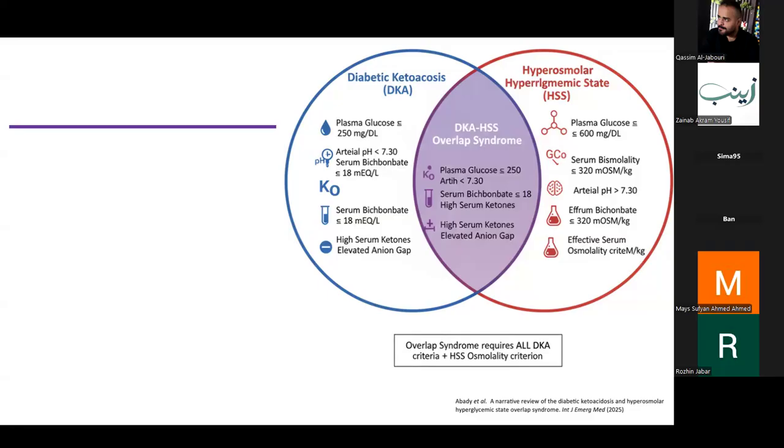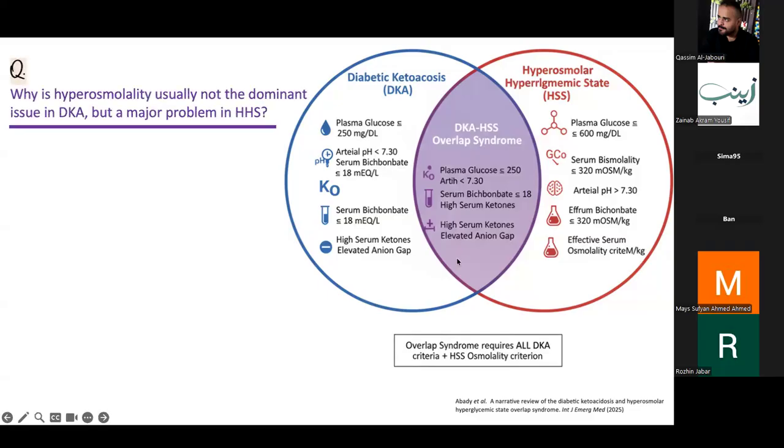I have a question for the audience. Why is hyperosmolality usually not the dominant issue in DKA, but a major problem in HHS? Any answers? Feel free to unmute yourself if you want to answer directly.